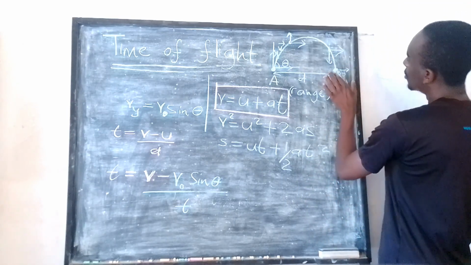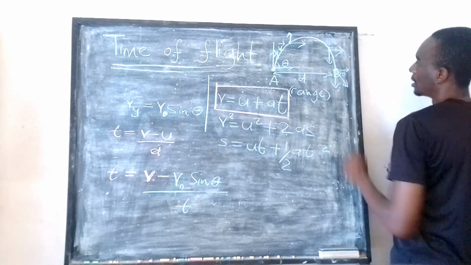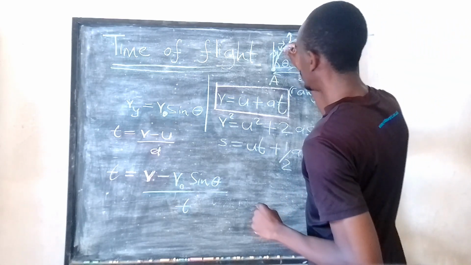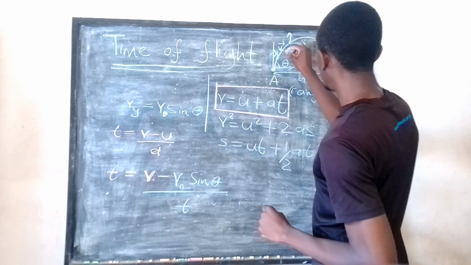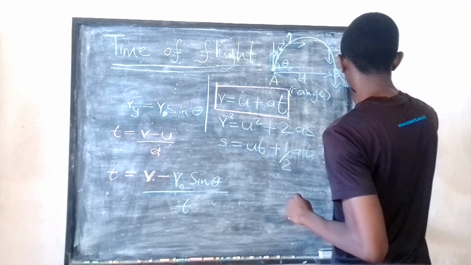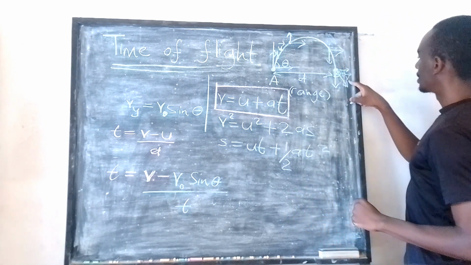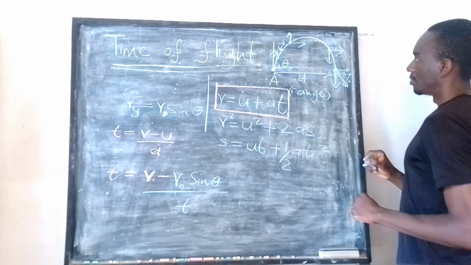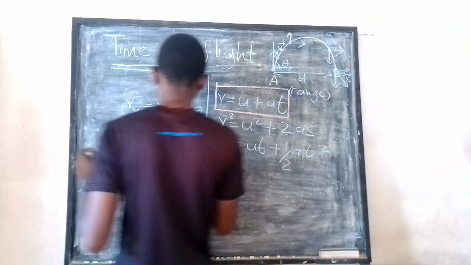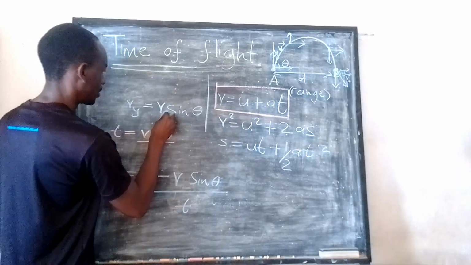Now, what would be the vertical component of the velocity at this final point here? Now, let's call this v1. Let's call this v2. So we don't confuse each other here.